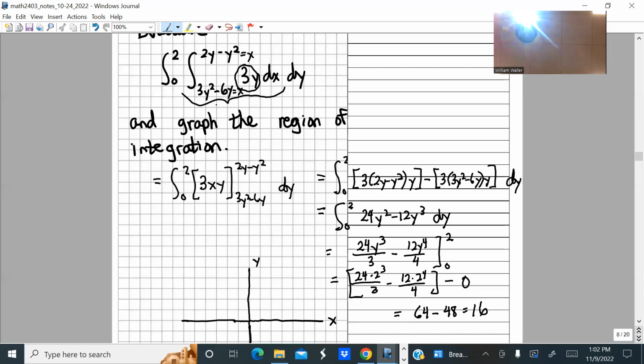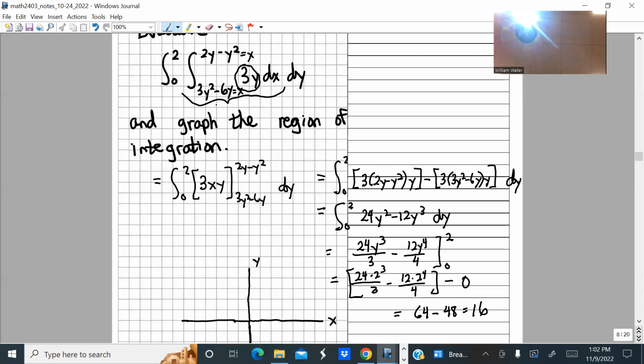Now 2y minus y squared. Notice it's minus y squared, so down, but left to right here. It's x, so which side will it open to?